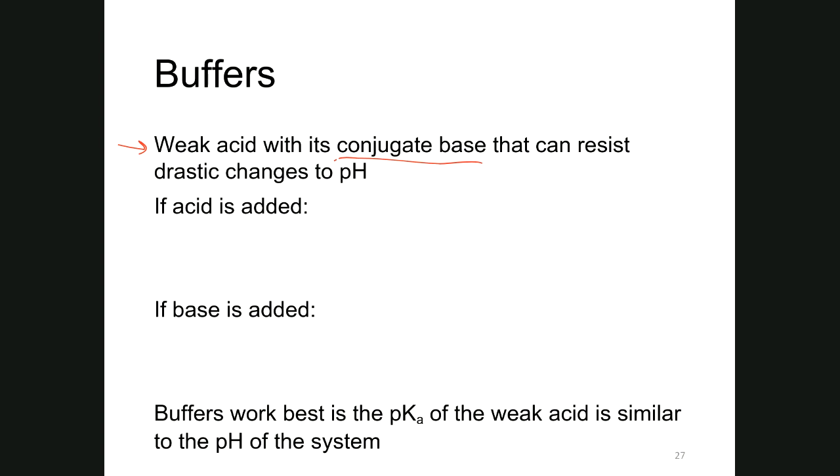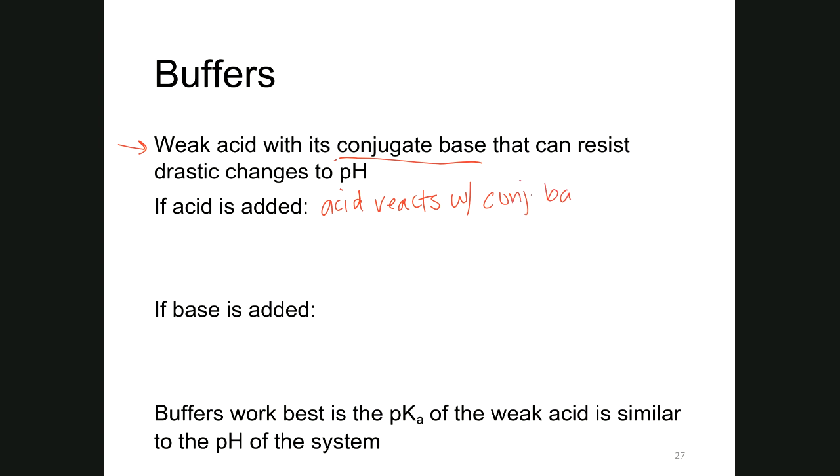This is super important. We see buffers all the time in our bodies in particular. In the case of an acid being added to a solution, the acid will react with the conjugate base of the mixture.